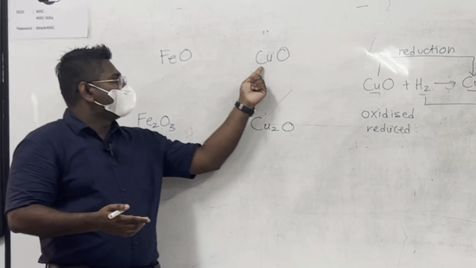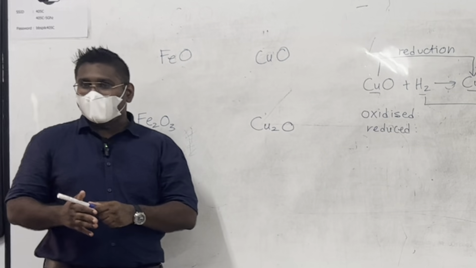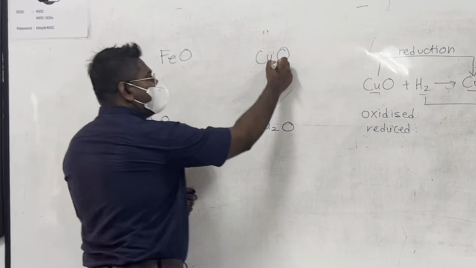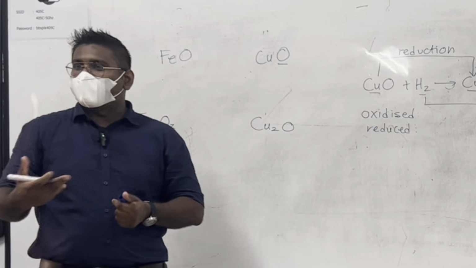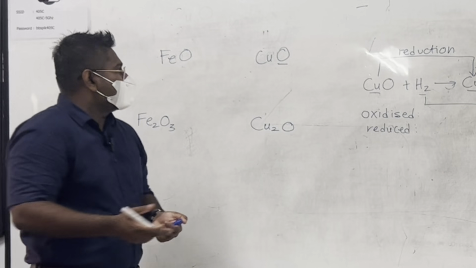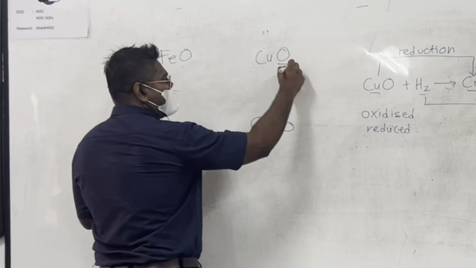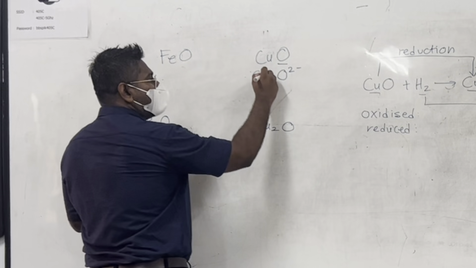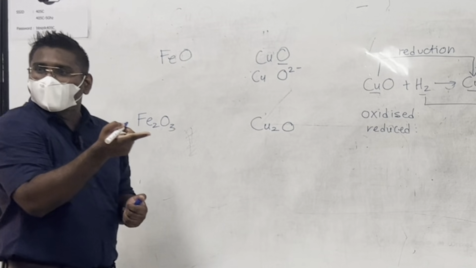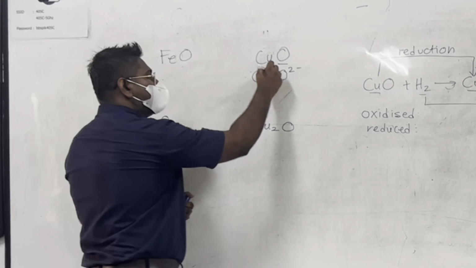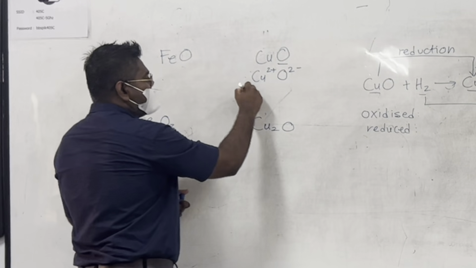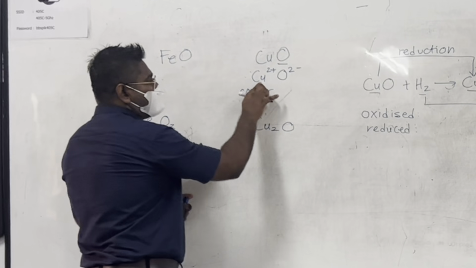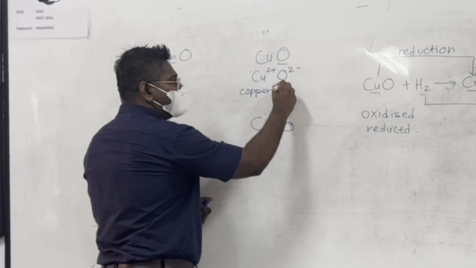So you see Cu and O. First thing that you need to note is oxygen is always negative 2. So oxygen is always negative 2, and this one must be 2 plus. So when we name, it's going to be copper. The oxidation number of copper is plus 2, so 2.